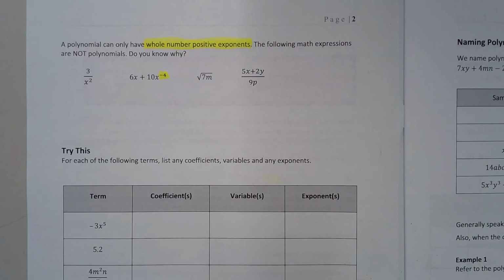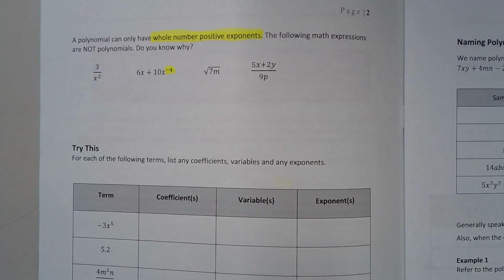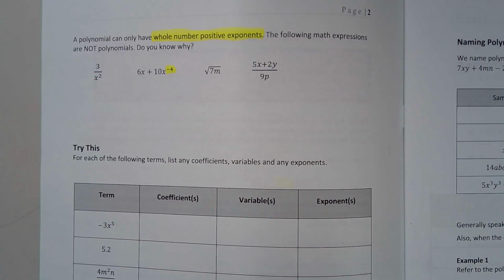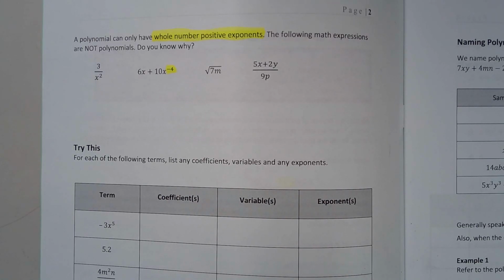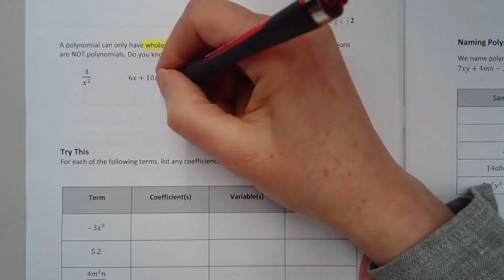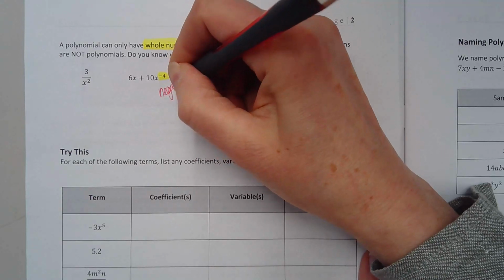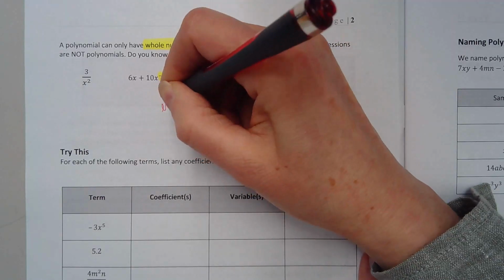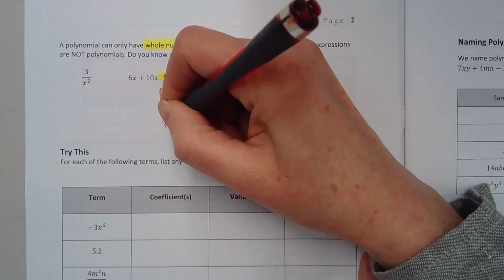Negative exponent means not a polynomial. Okay, so I'm just going to record that just so you have that written down somewhere, or you can remember that. So a negative exponent, not a polynomial.